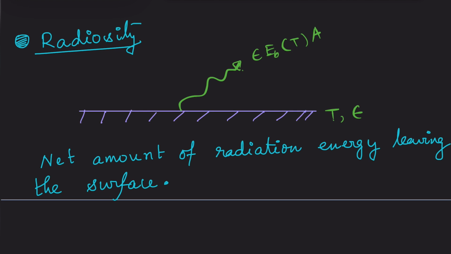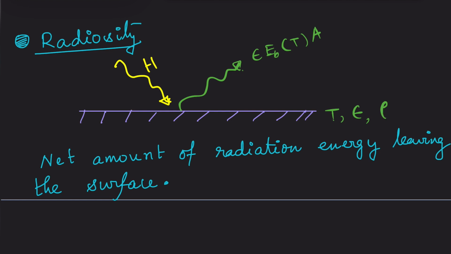But now I will argue with you that here some radiation energy can come, and this I call irradiation. So this I say as H. Now if this is coming, then this surface also has a property called rho, or reflectivity.